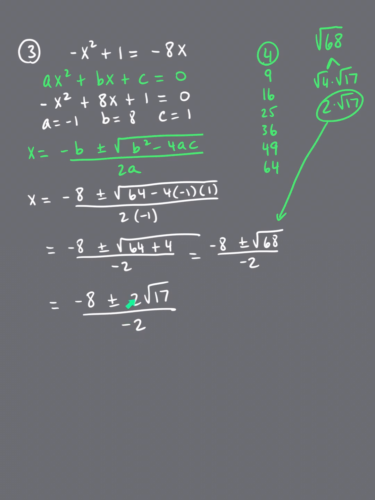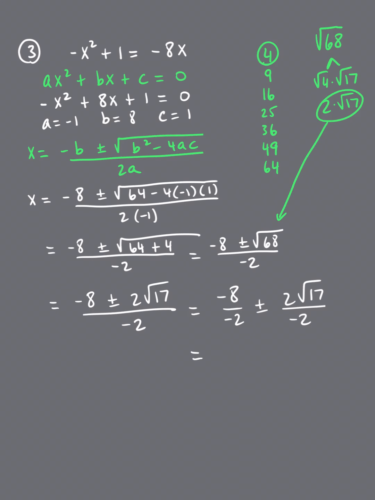So make sure that you never divide the number under the radical with what's down here, because the square root of 17 is not 17. But this 2 we can divide by negative 2. You could split it up if that helps you. You could do negative 8 over negative 2 plus or minus 2 square root of 17 over negative 2.